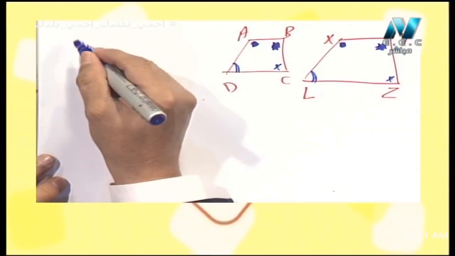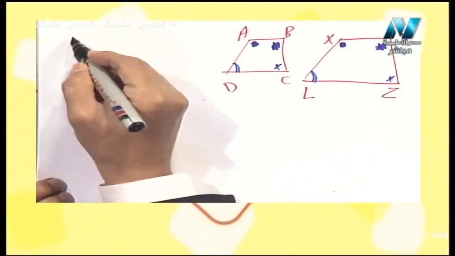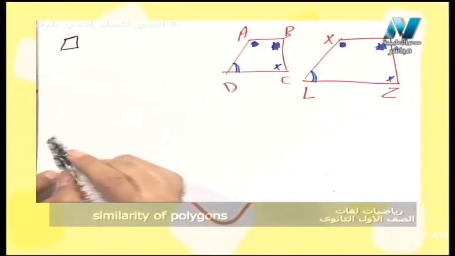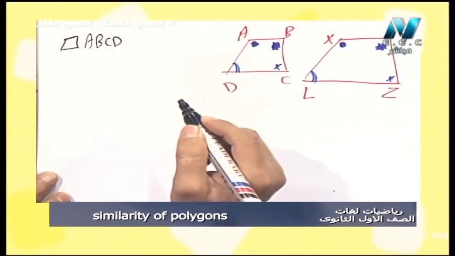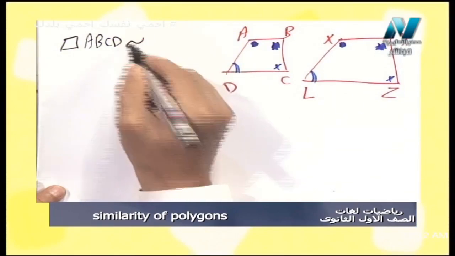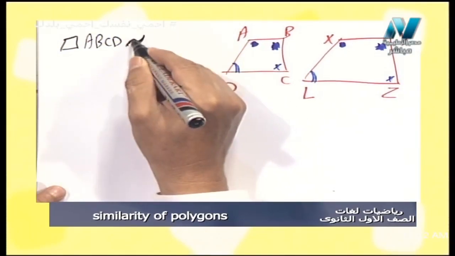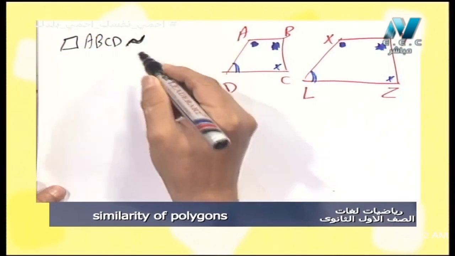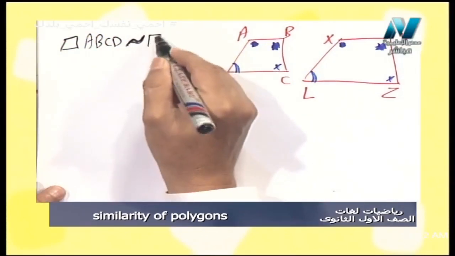We say that polygon ABCD is similar to, okay, this is the sign of similarity, the quad.